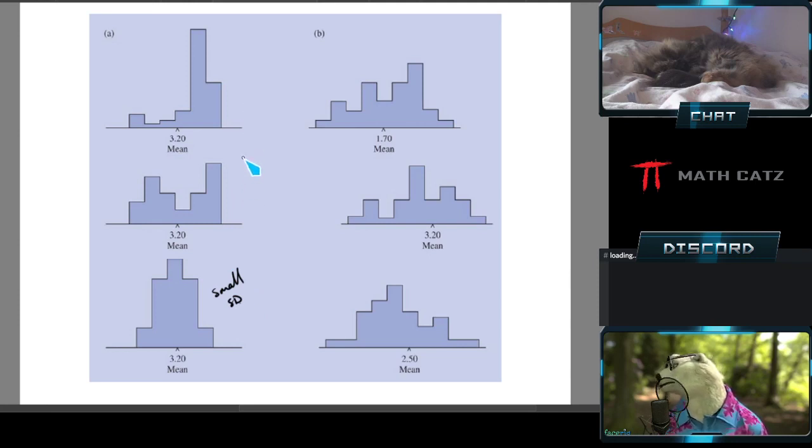For these two, it's hard to say. This one might actually have a larger standard deviation. But let's just compare these two, if nothing else. When I compare them, even though the means are the same, I now have a number without looking at the histogram and trying to visually assess. I guess this one is definitely spread differently. Is it spread around the mean more?